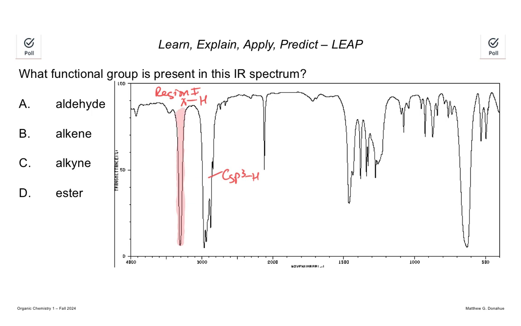That's now due to sp hybridized carbon-H stretching. So we find that in an alkyne. And associated with that in region 2 is this sharp, medium intensity signal, and that's the carbon triple bond stretch. So overall, this has to be a terminal alkyne.